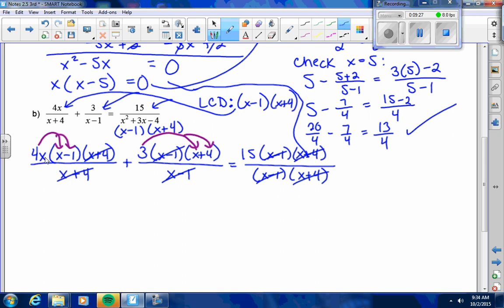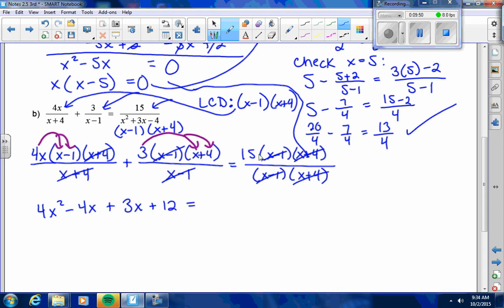So the 4x times x is 4x squared. 4x times negative 1 is minus 4x. Bring down the plus sign. Now I have to distribute the 3 to the x plus 4. So 3 times x, 3x, 3 times 4, plus 12.